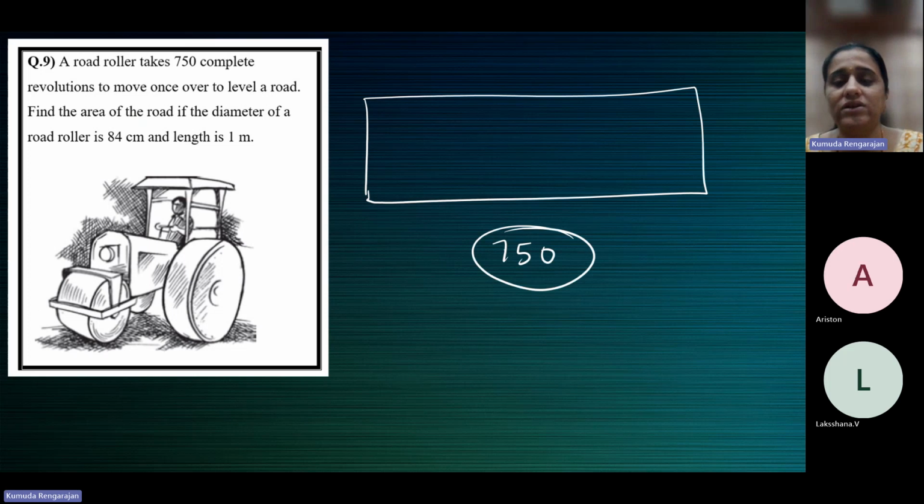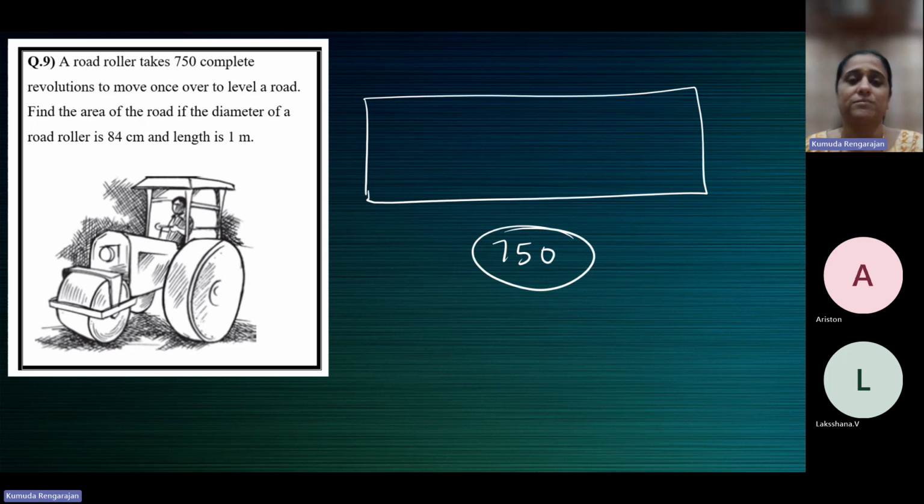So what is the area covered in one revolution? The area covered in one revolution will be the curved surface area of the cylinder. Because when the cylinder rolls over the road, it is the curved surface area of the cylinder that comes in contact with the road. The total surface area does not come in contact with the road. What part of the cylinder comes in contact with the road?